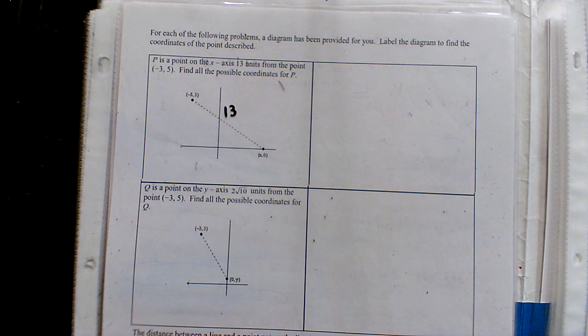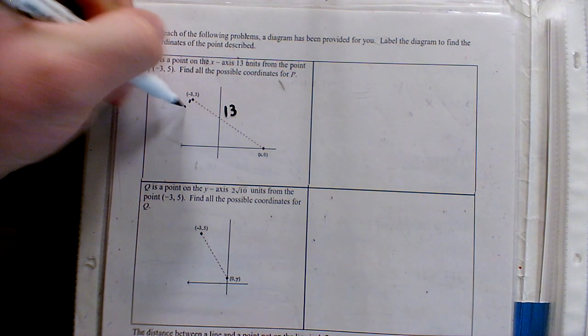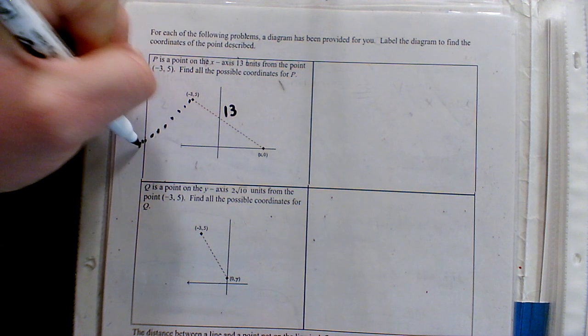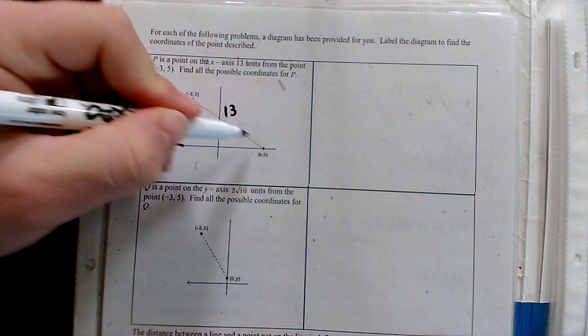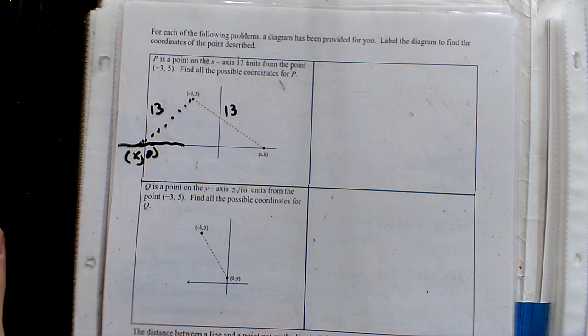You think you have an answer, Marie? Alright, so there could be one out here somewhere too. We don't know where yet. It just has to be 13 units away. So that's what we're going for. It has to be on the x-axis. Well, we could have one that's 13 units this way or 13 units this way. Again, we don't know what the x is yet, but we know the y would be 0.